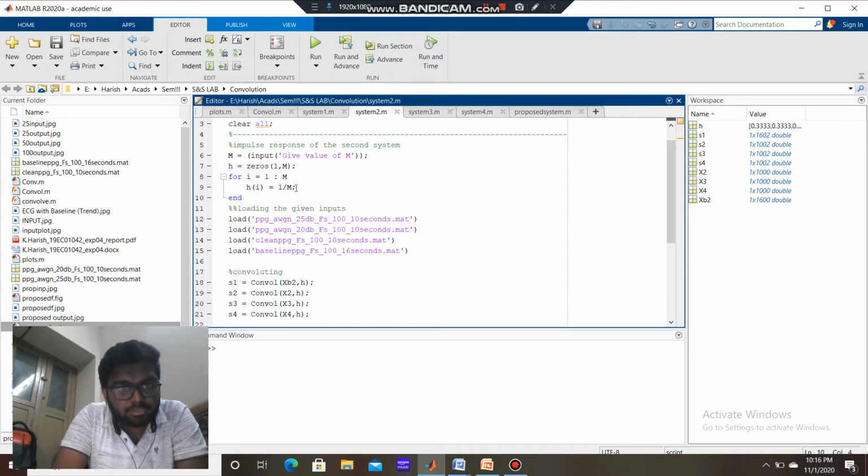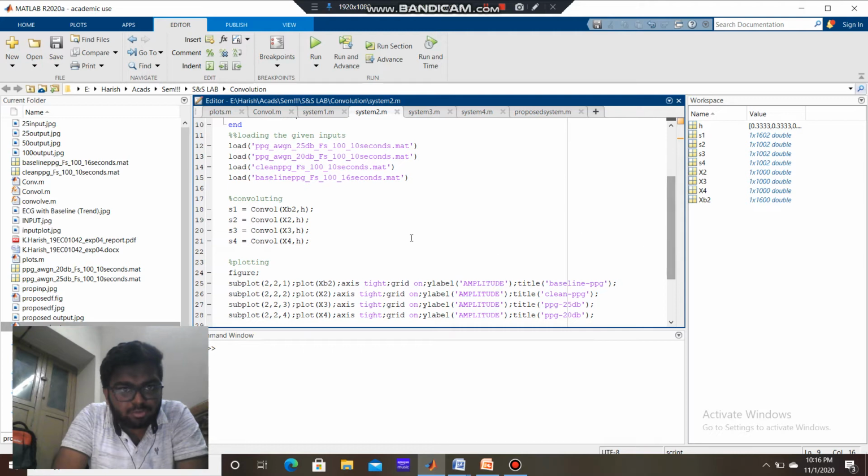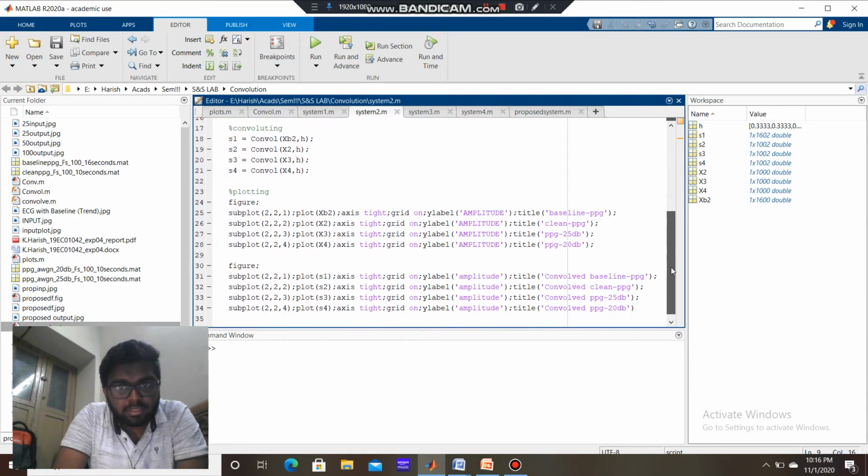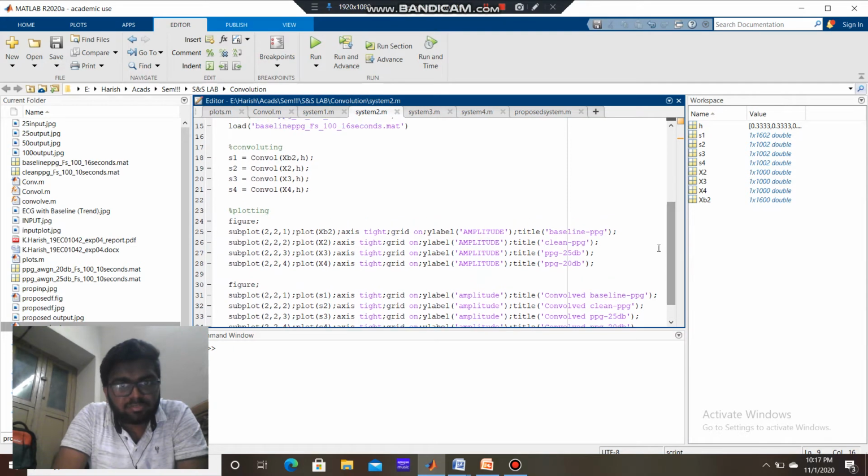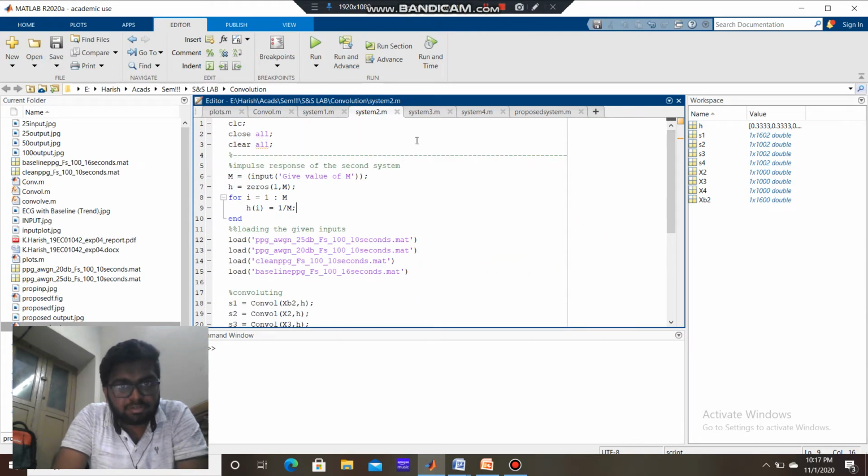The impulse response is defined as h[i] equals 1/m, and we again load these four signals which are given to us. Then we convolve all these four signals and plot the output for three different values of m, which are 25, 50 and 100.